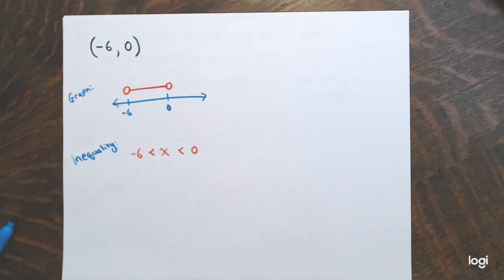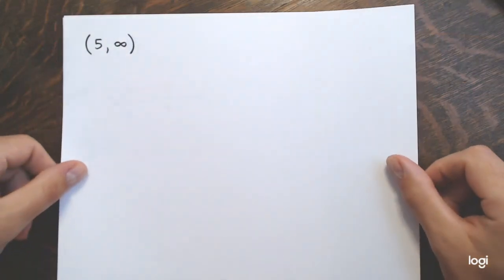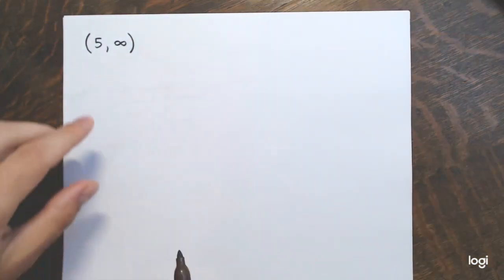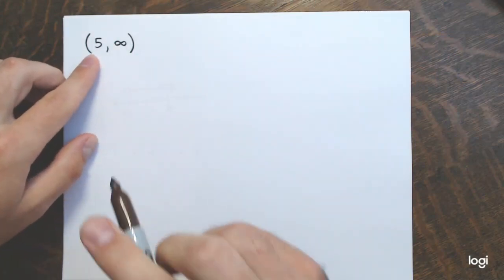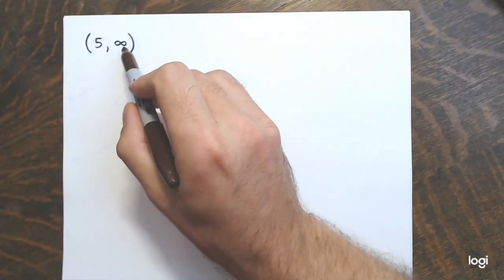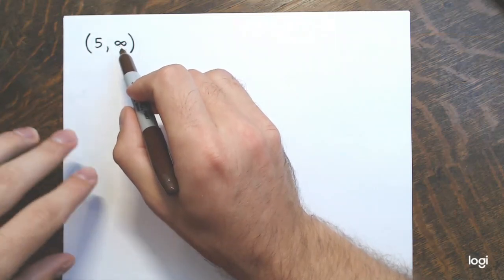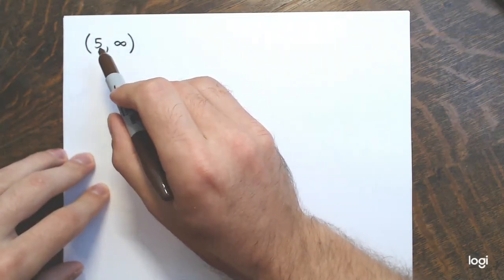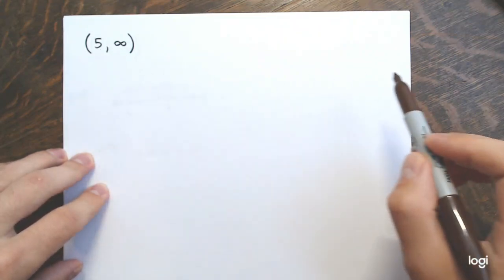All right. So here's an example where the infinity shows up in my interval. I'm seeing 5, infinity. Remember, infinity on the right side there means that there's no right endpoint. So the solutions will start at 5 and go to the right forever.